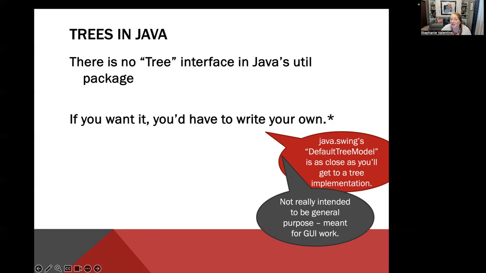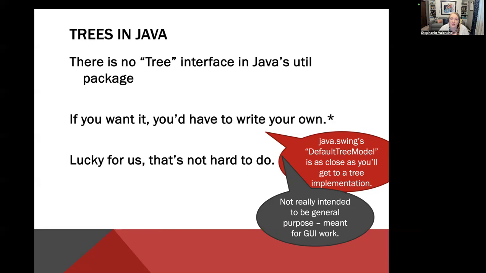Because if you are not otherwise using the Swing package, it's probably better that you don't use this DefaultTreeModel. It's not meant for that. So generally, if you want a tree data structure, you need to write it yourself.